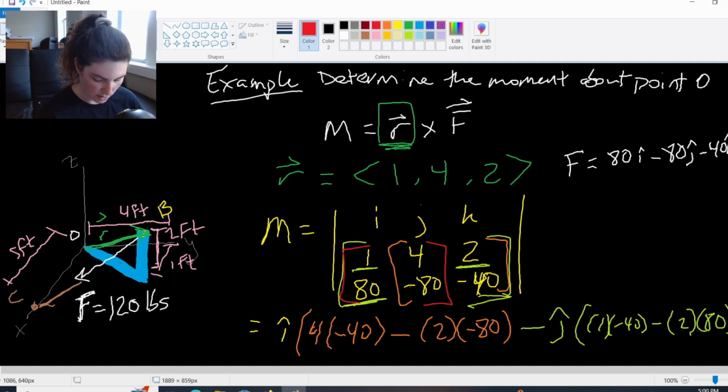This matrix to the left over here, plus k hat of 1 times -80 minus 4 times 80. And that's our full equation.